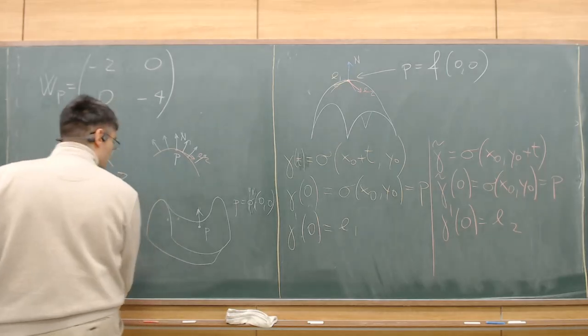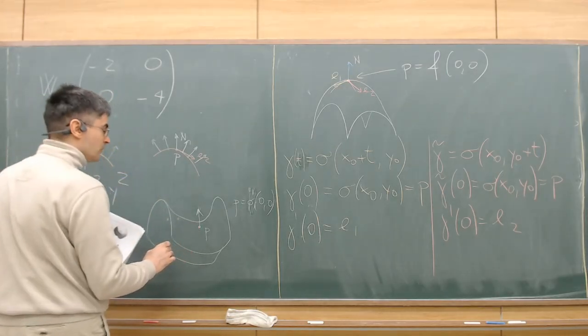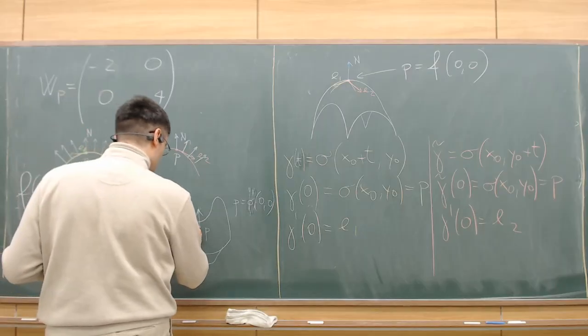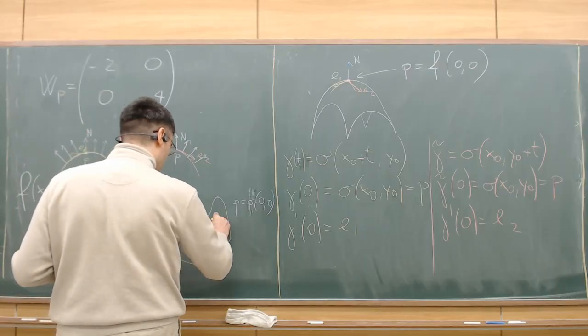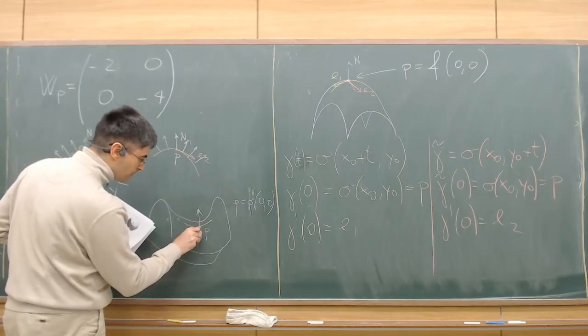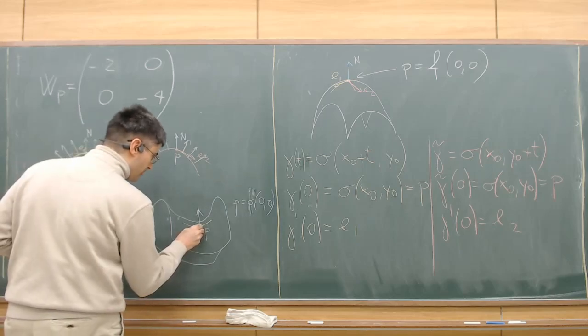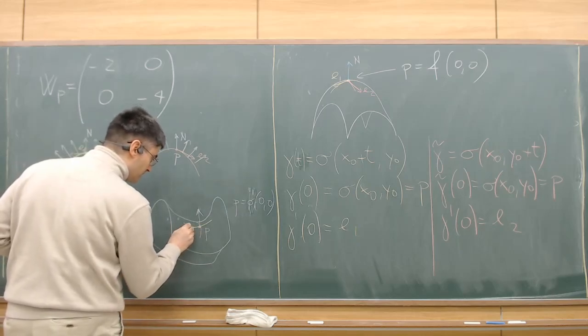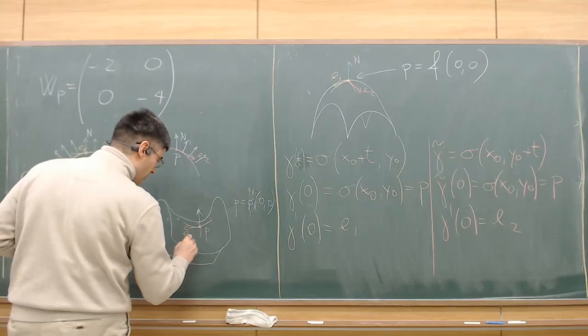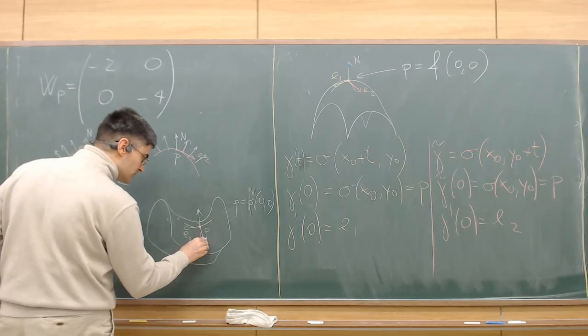So first of all, let me complete this picture. The yellow curve would look like this, instead the red one like this. This is E1 and this is E2.